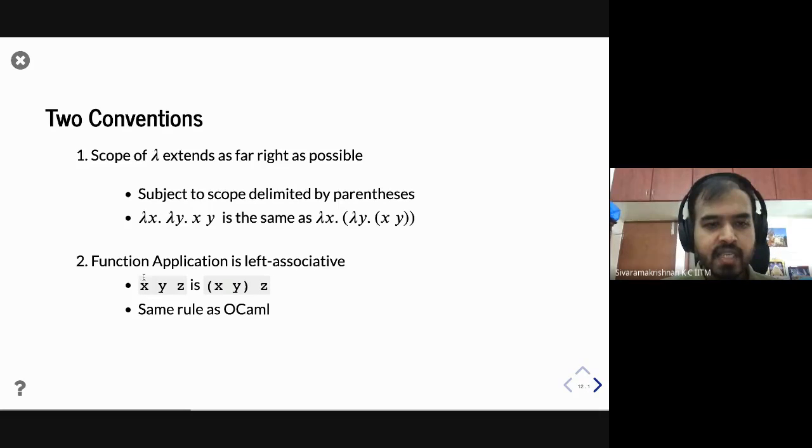So you read it as x applied to y, which returns something that is applied to z, right? So you imagine a bracket here. So when you see applications where you have three terms like this, you always introduce brackets in a way that it is left associative. So function application is left associative. This is the same as OCaml.